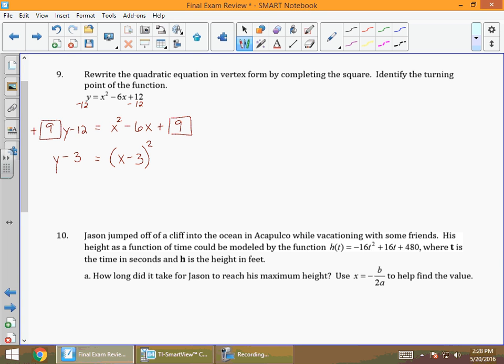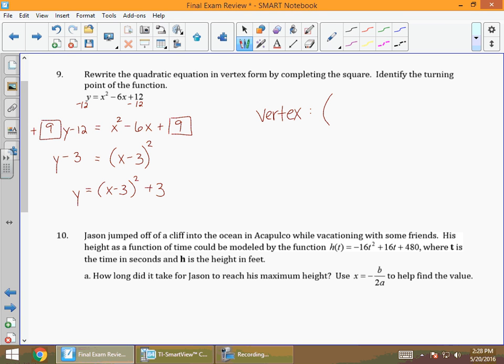In vertex form, we want to make sure we have y equals, so add 3 to both sides. So y equals (x minus 3) quantity squared plus 3. So my vertex, or the turning point, are the coordinates.